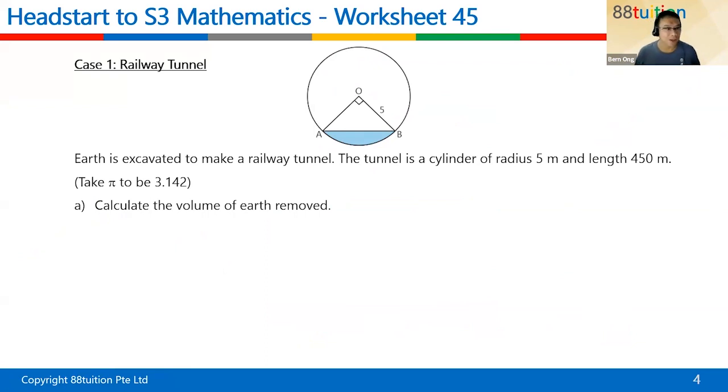So all these railway tunnels are running around Singapore, and not only Singapore. Many countries also have these railway tunnels. Anyway, earth is being removed. Earth means the soil is being excavated to make a railway tunnel, because you need to dig out the hole.